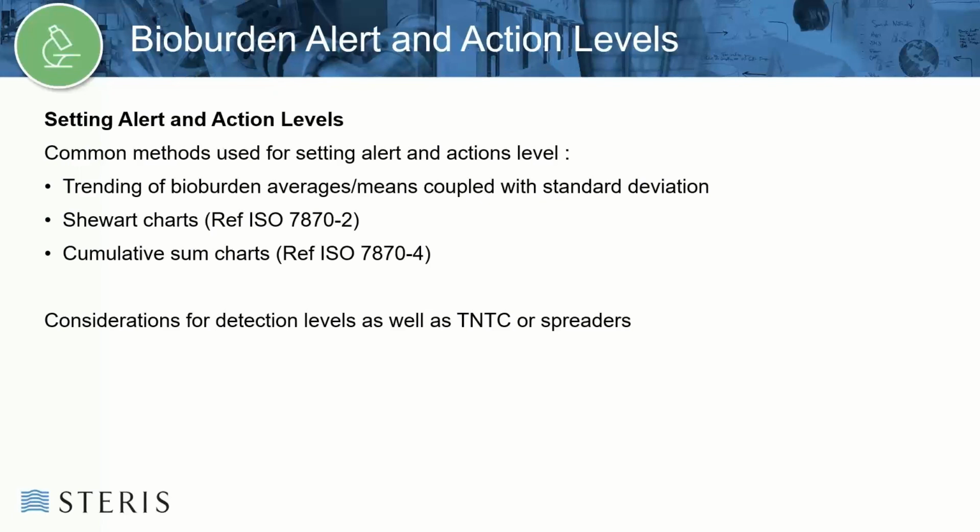Additionally, a Shewhart chart might be used. There's additional information on that in ISO 7870-2, or cumulative sum charts, which is in 7870-4. When setting alert and action levels, consideration should be given to detection levels as well as TNTC or spreaders.